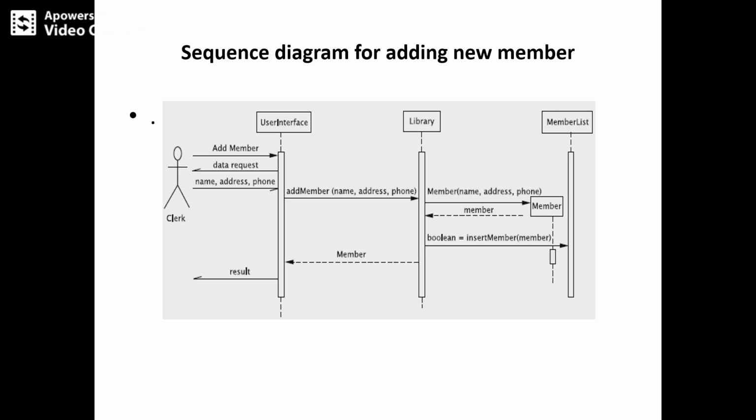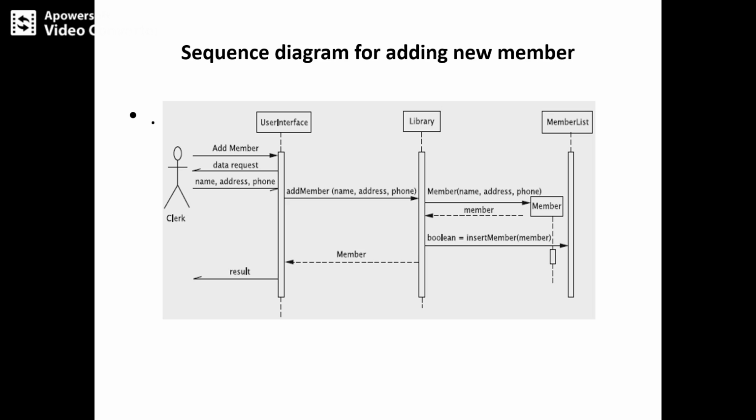Name, address, phone go to the library class, and the member name and address are stored in the member object, the small class we have created. Once the member object is created, it is returned to the library. Here we need to take a variable, that is a boolean.